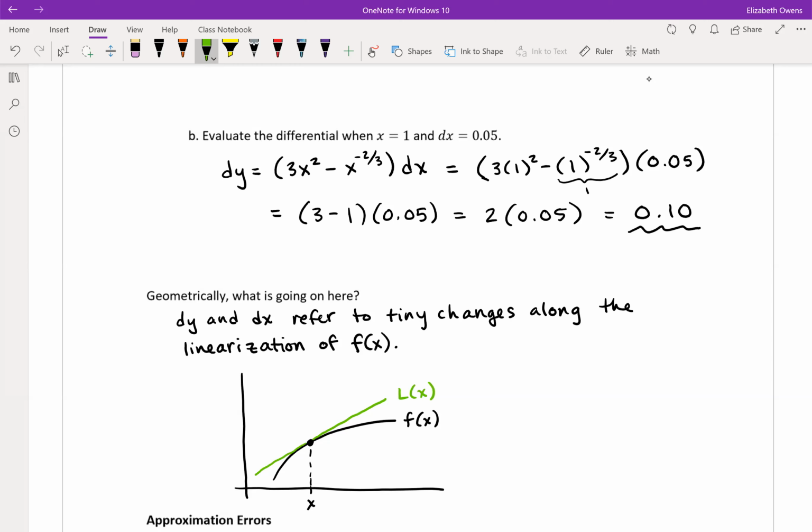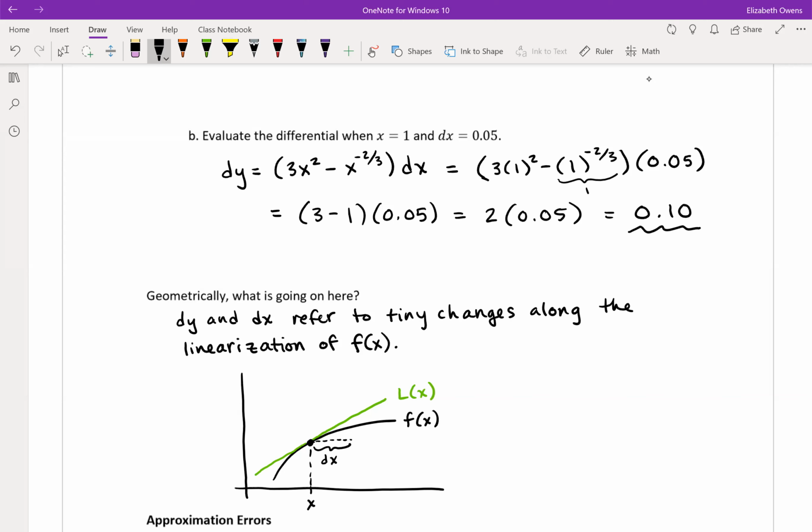And so if we make little changes along that linearization, let's say we've moved from the point where we set the linearization up a little bit to the right here. Let's just make a small change in that direction. And that little change over that way would be called dx.